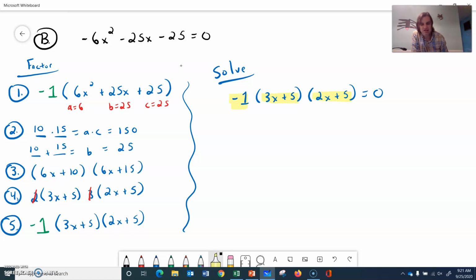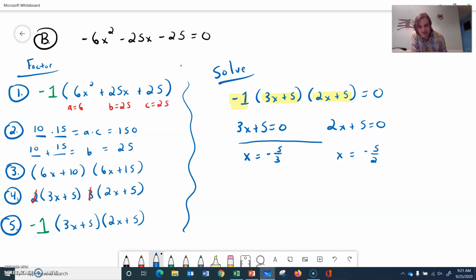But negative 1 can never be 0. So let's just focus on the other two parts. 3x plus 5 equals 0. 2x plus 5 equals 0. And if I isolate the x in these, I'll get negative 5/3 and negative 5/2.